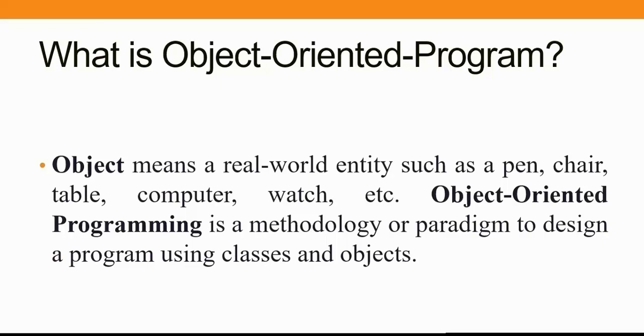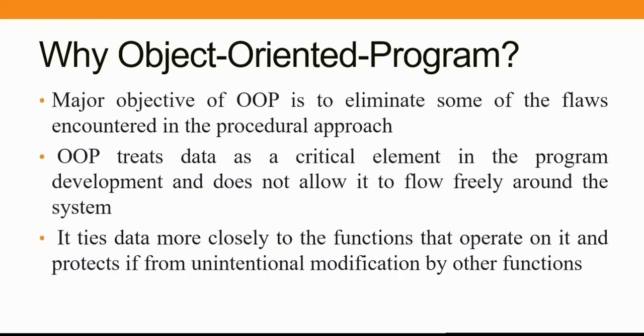Don't worry, I'm going to explain in the next slides what is class and what is object. By that time you will understand exactly what classes and objects are in object oriented programming. So as for now, you just have to know object oriented programming is a methodology or a paradigm to design a program using classes and objects.